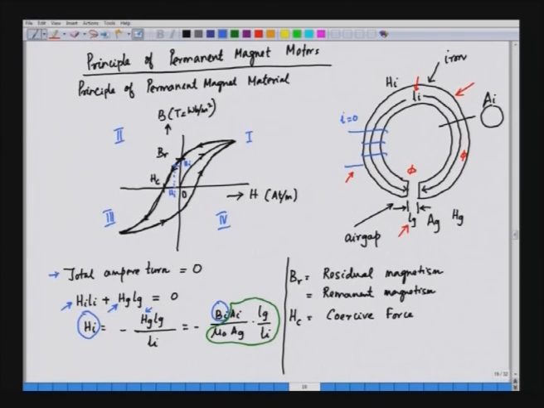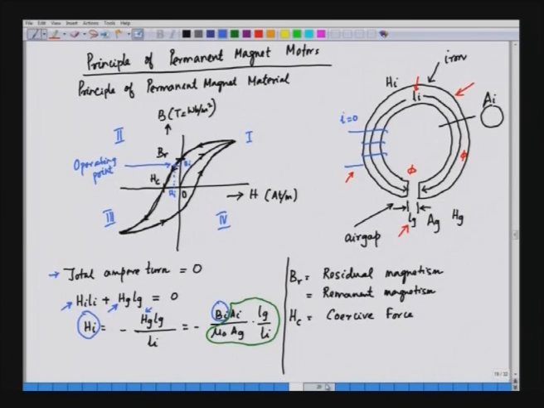So, this is our operating point. For discussing the characteristic of permanent magnet motor, we will only talk about the second quadrant of the BH characteristic.